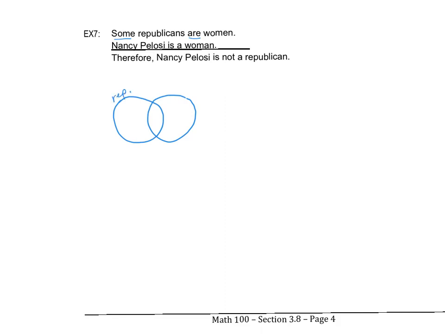So I'm going to do rep for Republicans and women. That would be my first premise. Second premise, Nancy Pelosi is a woman. Maybe I'll just call her NP.